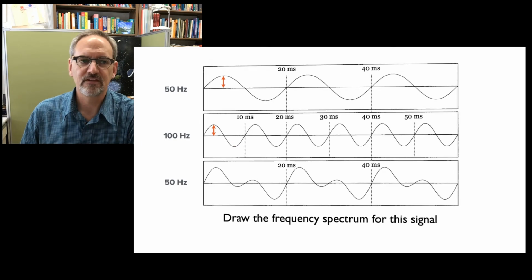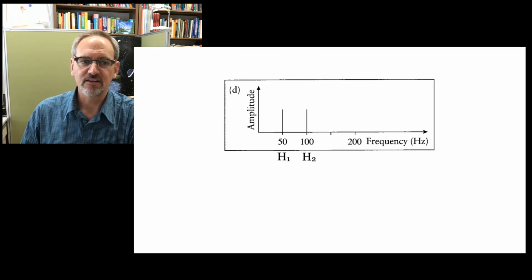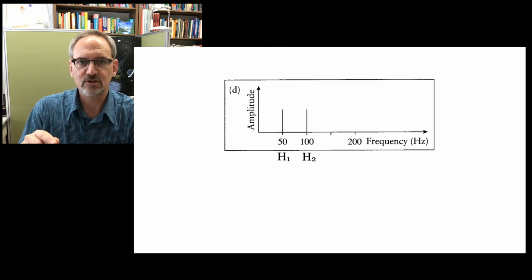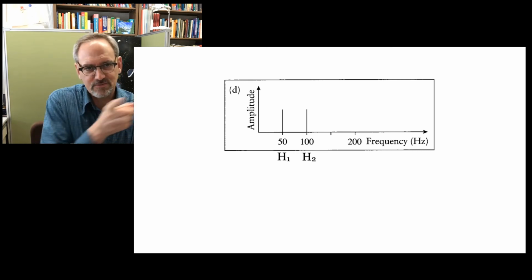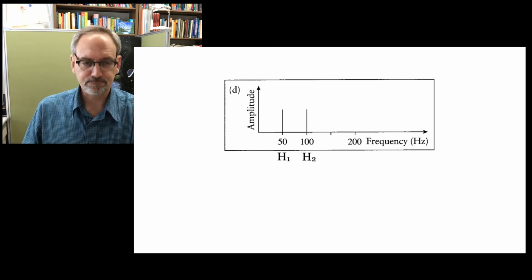And therefore the power spectrum should look like this. There's one component at 50 hertz and one component at 100 hertz. Frequency across the bottom, amplitude up the left side.